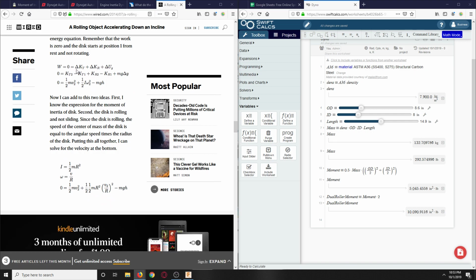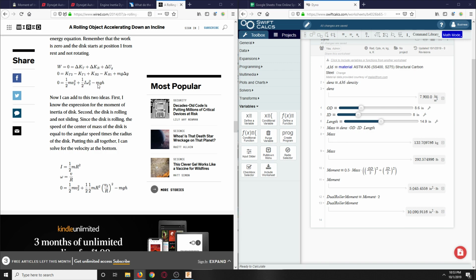So here he's doing kinetic energy, torque, rotational kinetic energy, and potential energy. So here is kinetic energy, here's the rotational energy, and here is the moment.